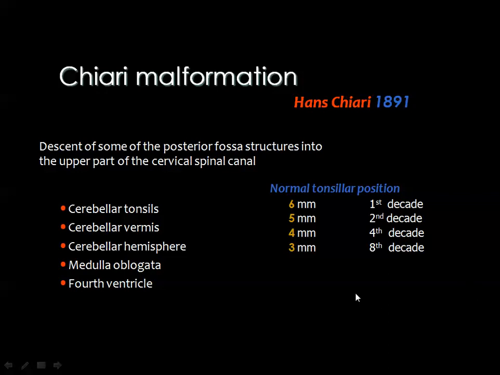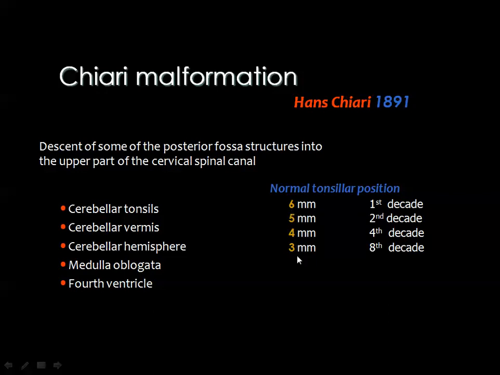We should know that normally the cerebellar tonsils are below the level of the foramen magnum, and this extent is large in the first decade of life, reaching about 6 millimeters.